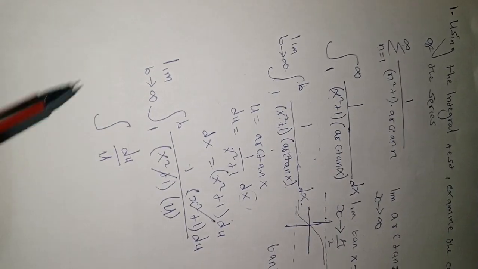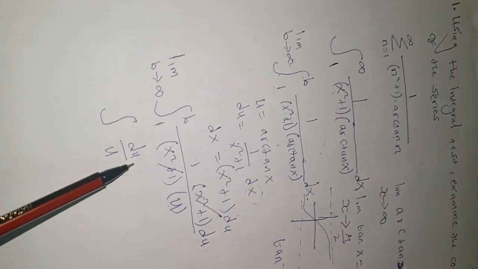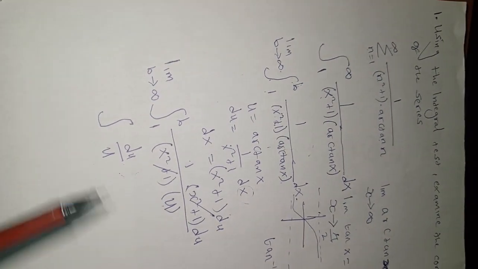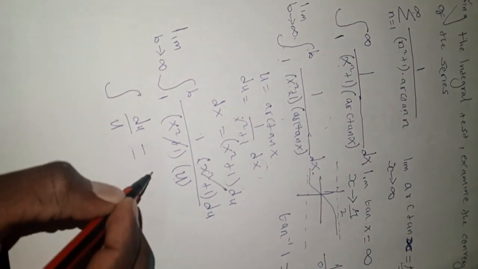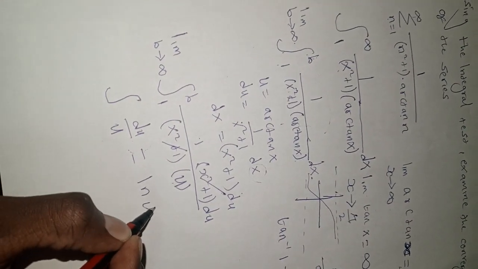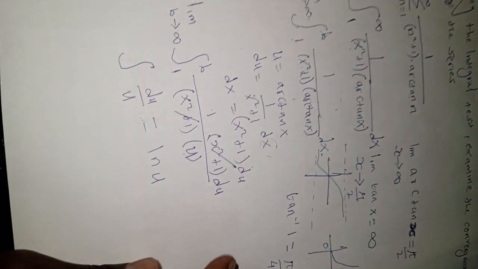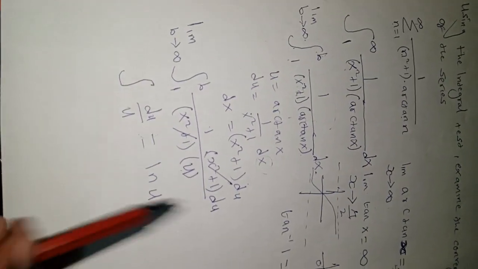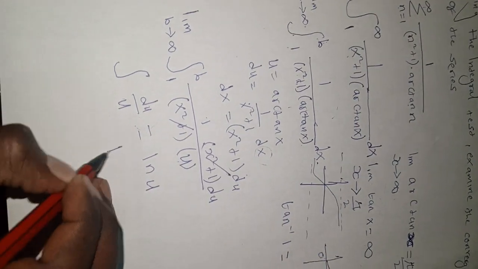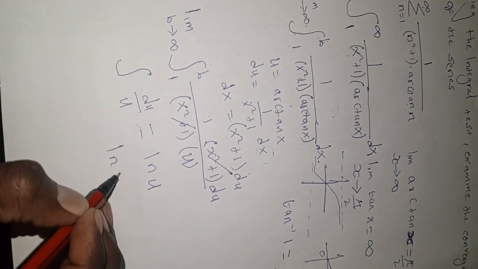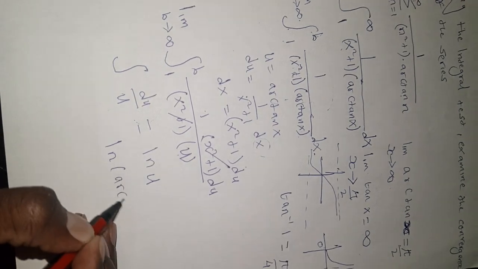Now the only question we need to ask ourselves is, what is the integral of du over u? The integral of 1 over u is ln of u. Now a question: what was u? u was arctan x. So this is the same as ln of arctan x.